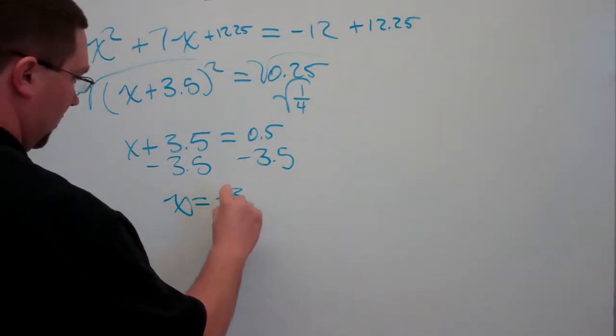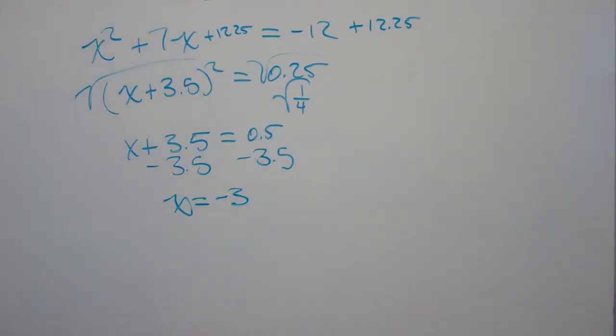X equals negative 3. Alright. So x equals negative 3. So the answer for this one is B. Alright. Let's move on.